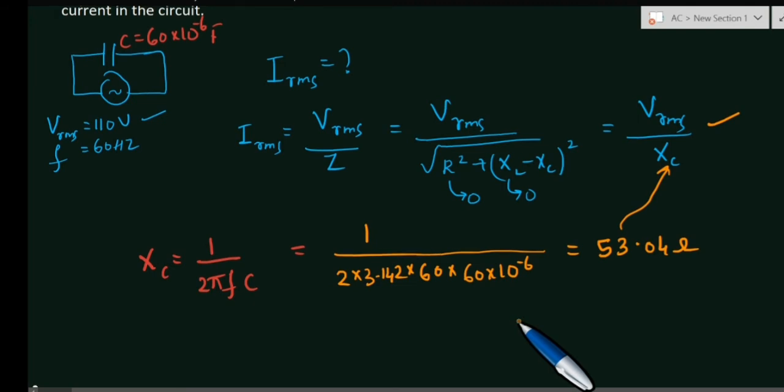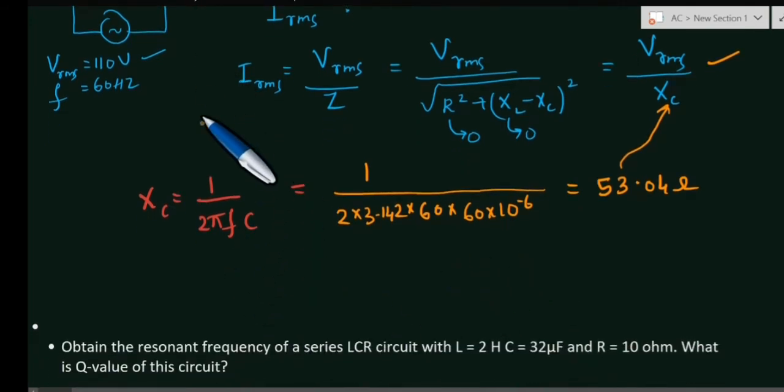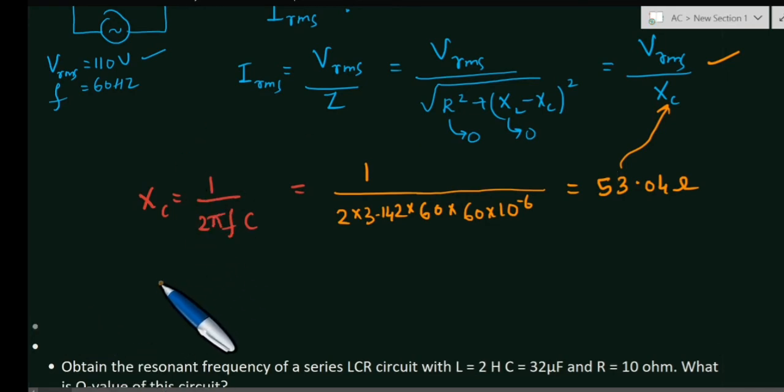Therefore XC value we already know, therefore Vrms divided by XC. I am going to use this formula now.